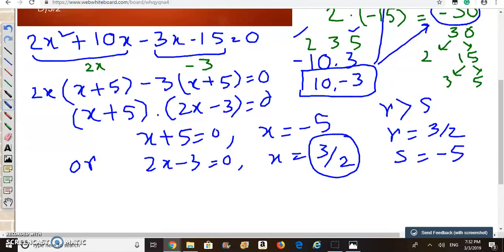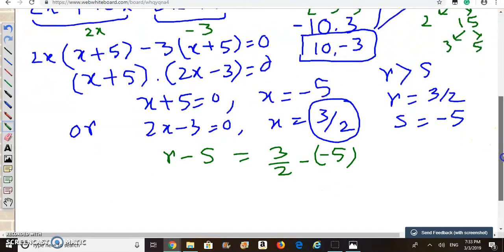And what we will have to do is pretty simple. We will have to find r minus s, which is equal to 3 by 2 minus negative 5. Now as we know that if we multiply two negative numbers it becomes positive, so we can write here that it is 3 by 2 plus 5.